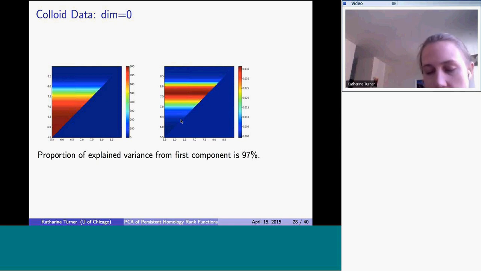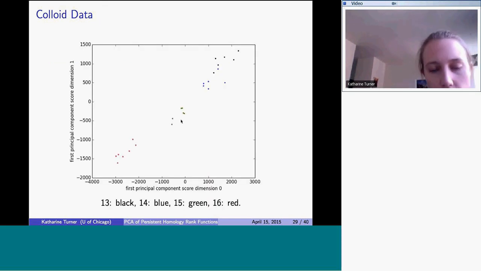The H0 persistence function is exactly lying on this one-dimensional subspace of the function space of all possible functions. This plot shows how the first principal component for H0 is related to the first principal component of H1. I've colored these by the different temperatures, and you've got very clear clustering into these different groups.